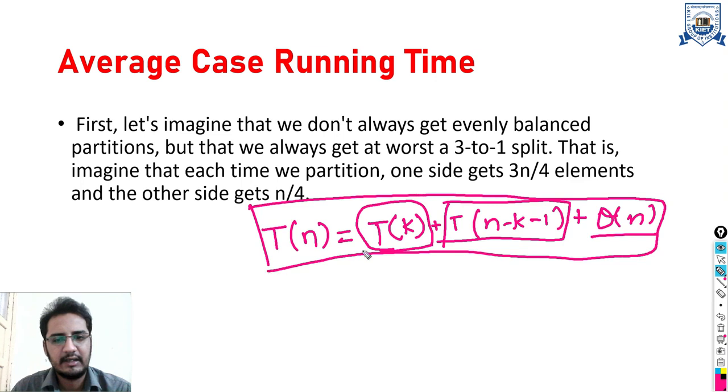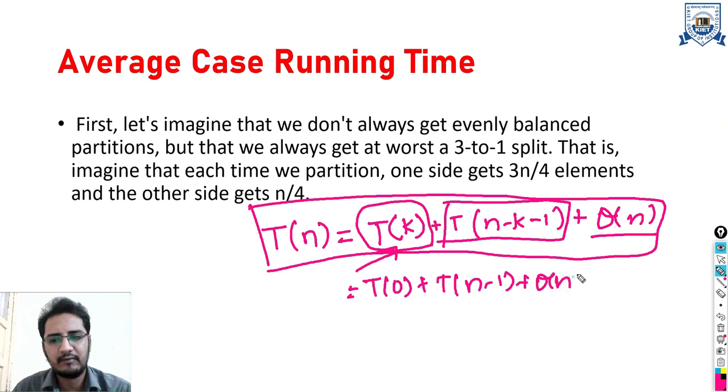If you are not getting any problem in size T of k, then your recurrence becomes T of 0 plus T of n minus 1 plus theta of n, which turns out to be order of n square, which is the worst case of a quicksort.